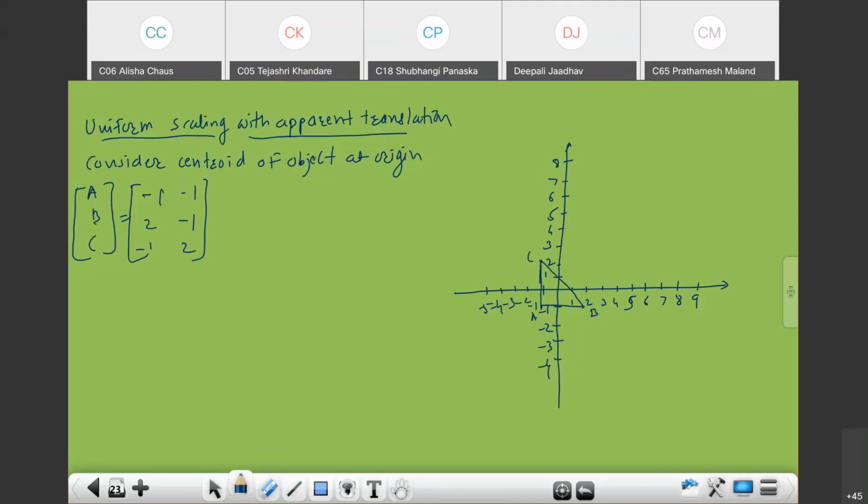You can see it here, 1/3 of the base and 1/3 of the height.